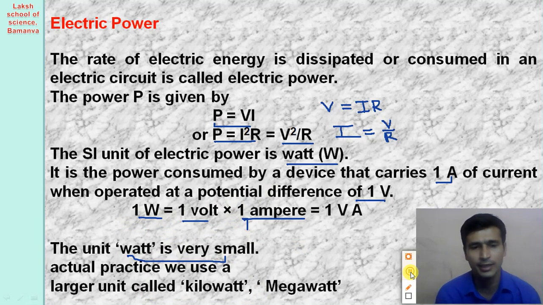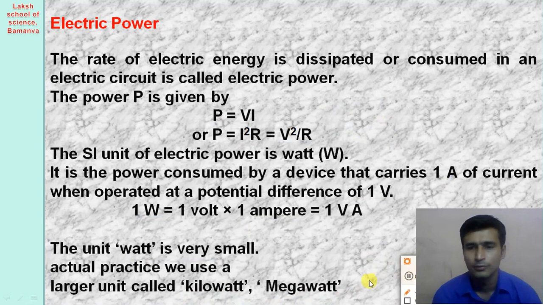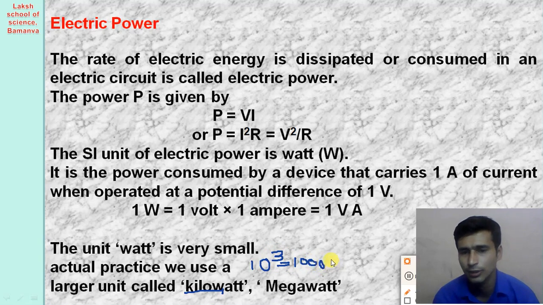The actual practical units of electric power are the kilowatt and megawatt, which are larger units. 1 kilowatt is equal to 10 raised to 3, that is 1000 watt. 1000 kilowatt is 1 megawatt.